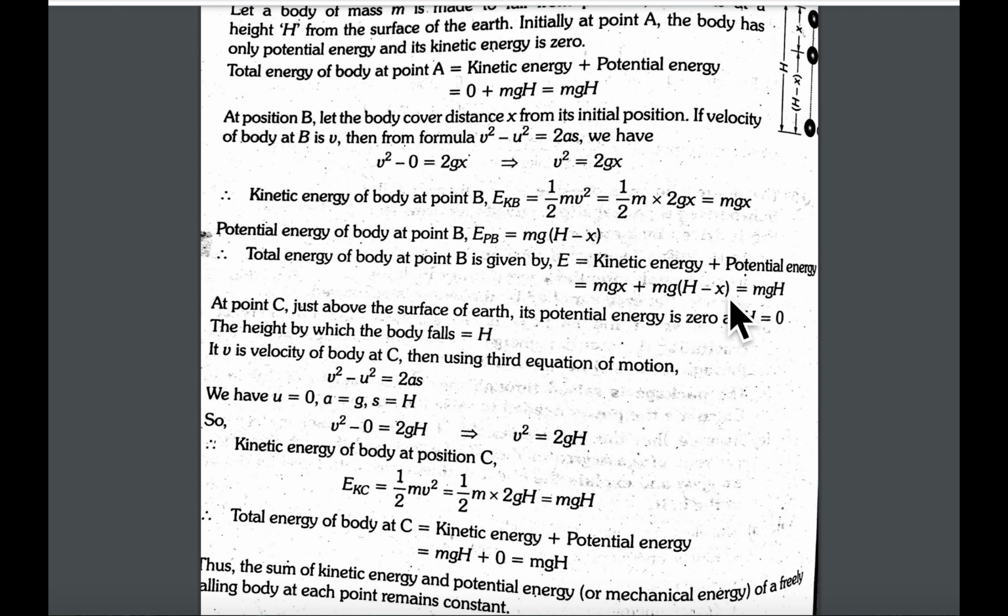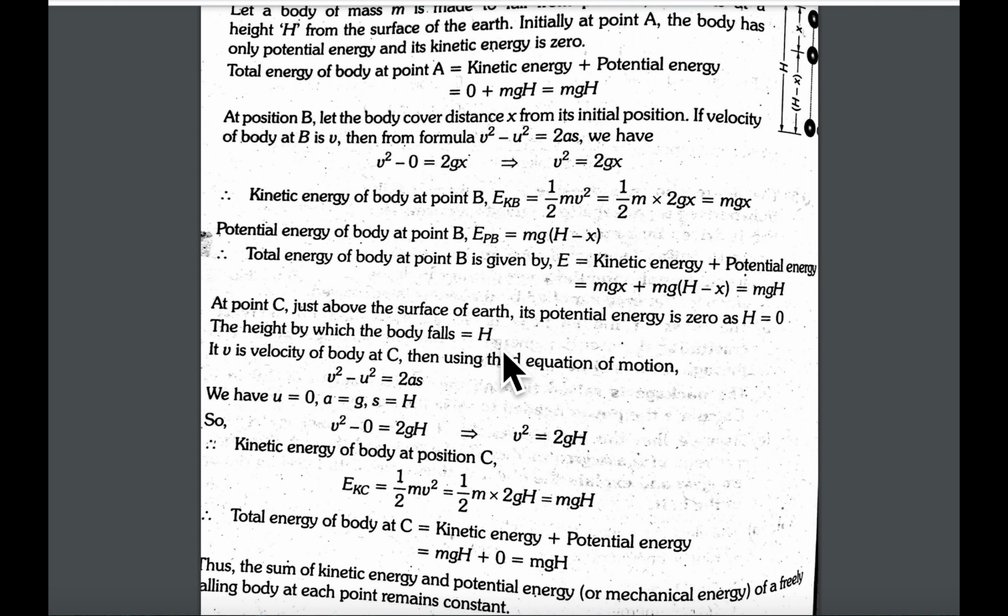So these two will cancel and the result will be mgh. Means total energy at point B is also mgh, and total energy at point A is also mgh.